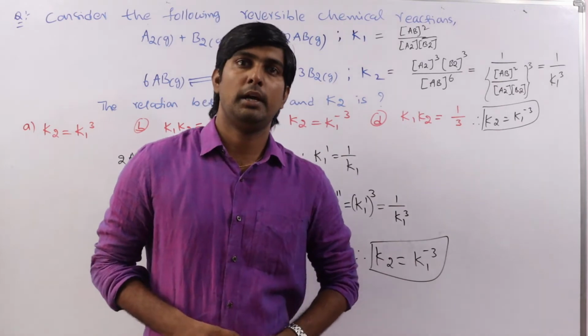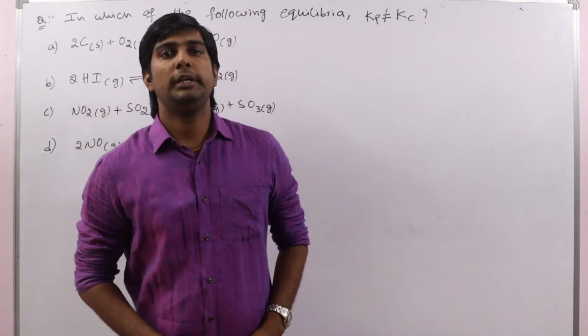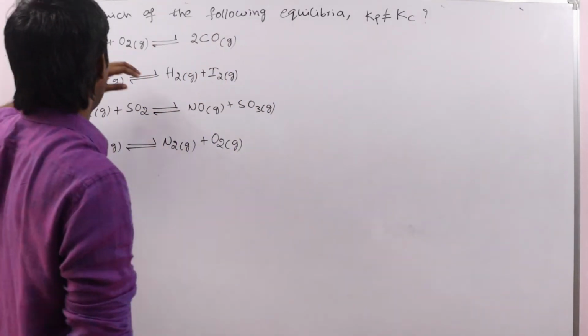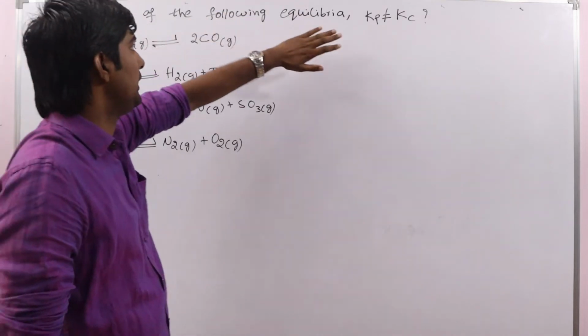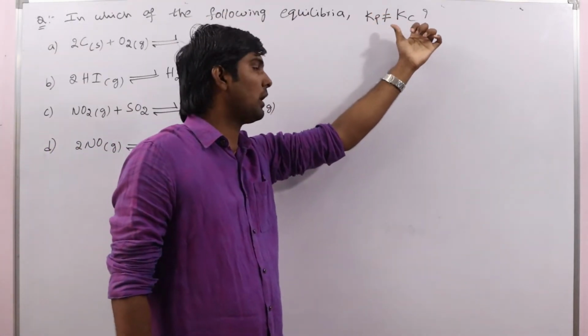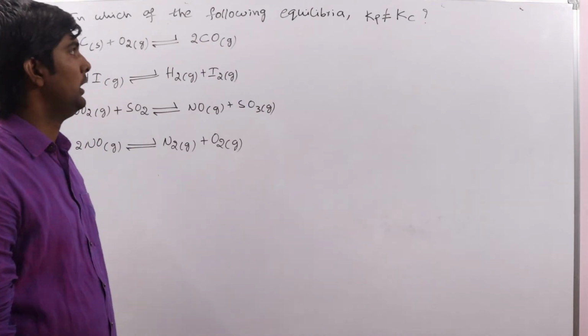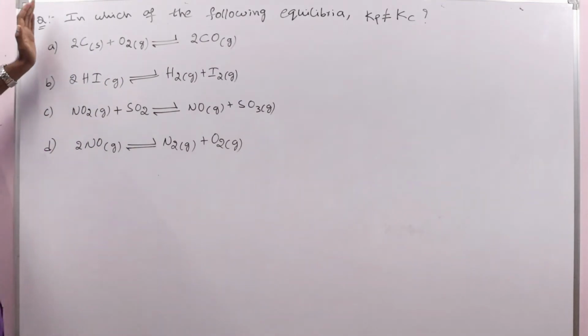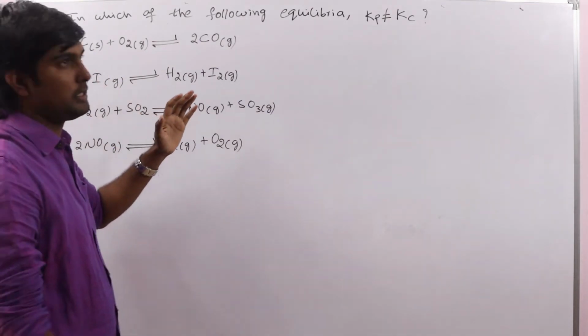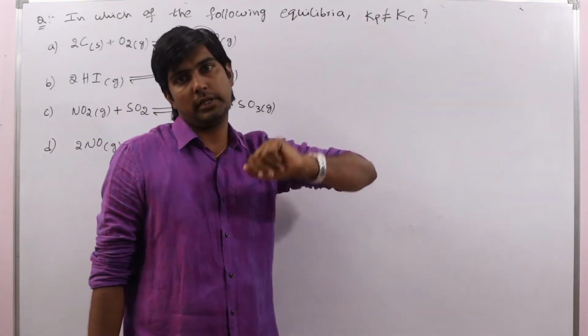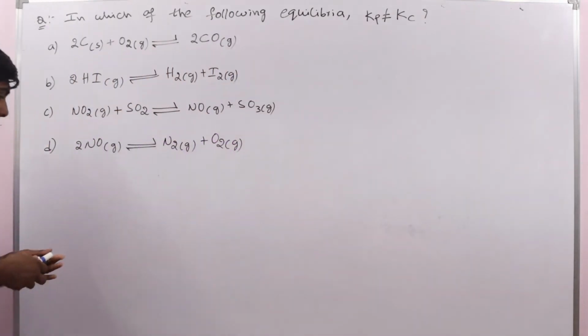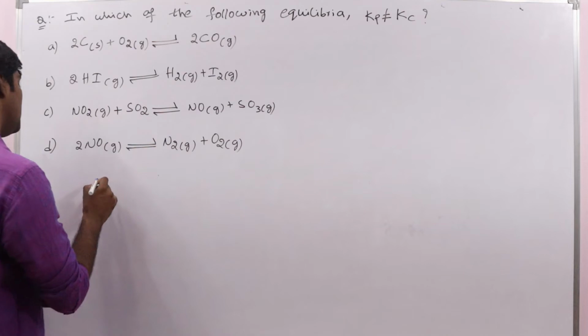Okay, let us see another problem. Now let us see another very important model. In which of the following equilibria is Kp not equal to Kc? This concept is based on the relationship between Kp and Kc. What is the relation that we already discussed?